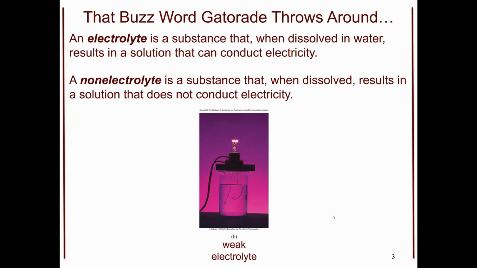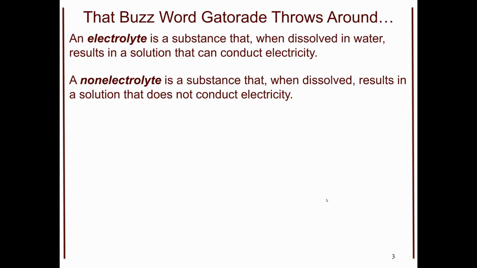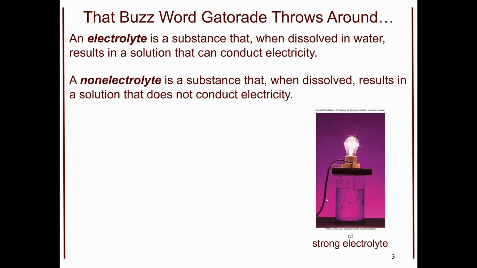As you can see, we are going to get a faint light instead of no light or a bright light. A strong electrolyte is going to give us full electric conductivity, and you can see here that even though I have a clear and colorless solution, we have plenty of ions in solution, completing our circuit and allowing the electricity to flow.